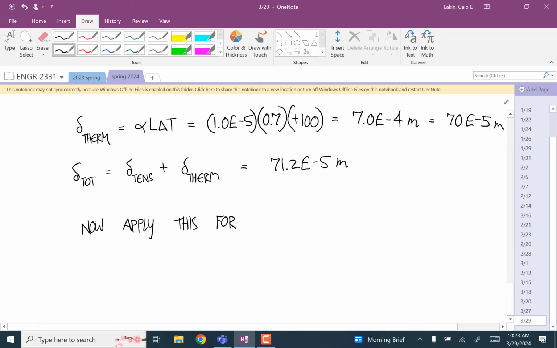Okay, so now we're going to apply this to statically indeterminate structures.